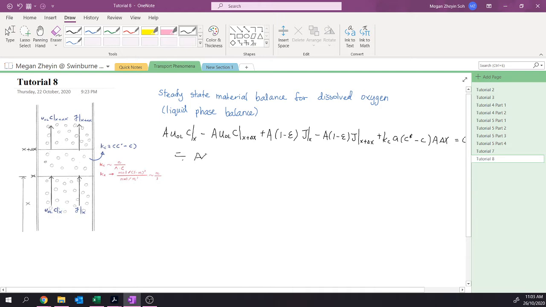by A delta X, which leaves us, okay, and we can also take the limit as delta X approaches 0, and we will get our final equation as negative UOL dc over dx minus 1 minus epsilon dj over dx plus kCa c star minus c equals to 0.